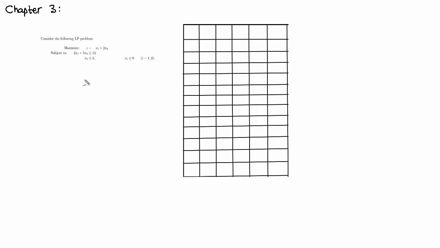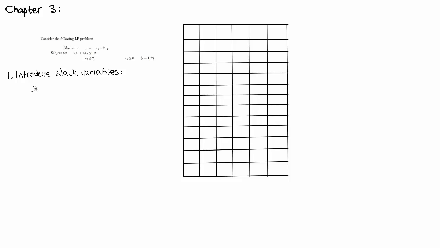Okay, we are going to perform the simplex algorithm for the first problem of chapter 3. Now, the first thing to do is introduce the slack variables. We're going to have one slack variable for each constraint.